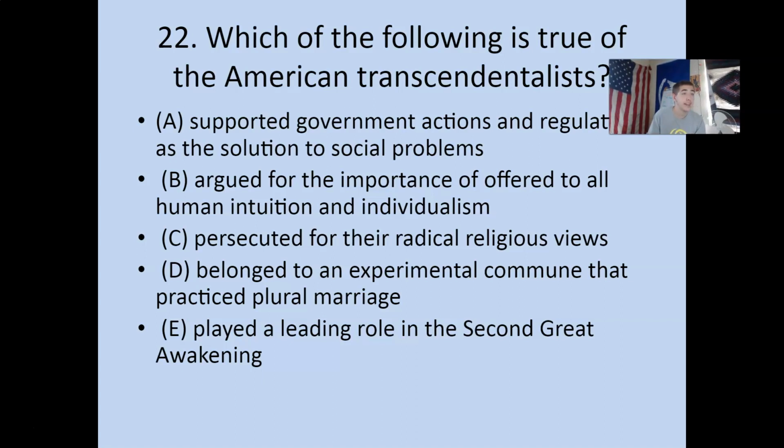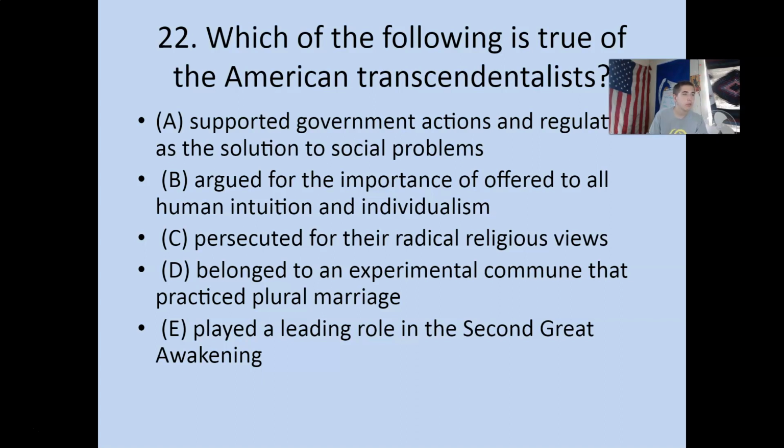A. Supported government actions and regulations as a solution to social problems. B. Argued for the importance of intuition and individualism offered to all humans. C. Persecuted for their radical religious views. D. Belonged to an experimental commune that practiced plural marriage.